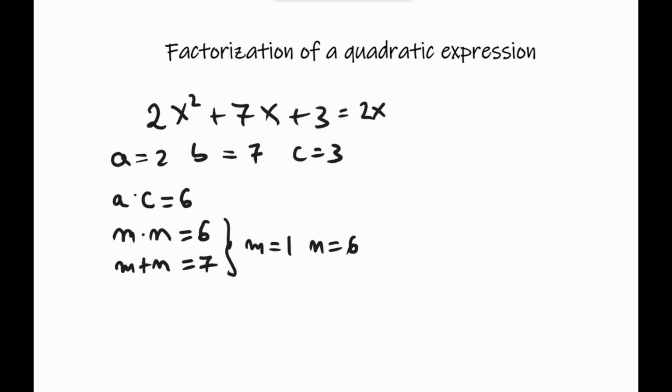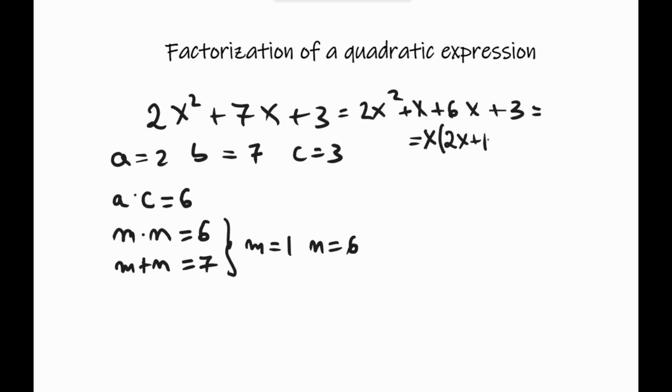We will split the 7x term into x plus 6x plus 3. In the first two terms we have x as common factor. We'll have x times 2x plus 1.